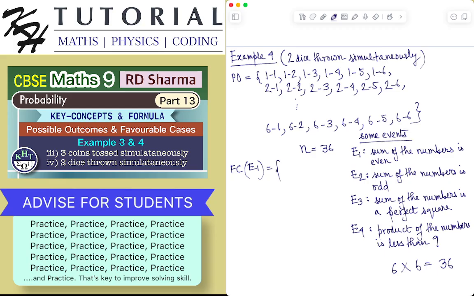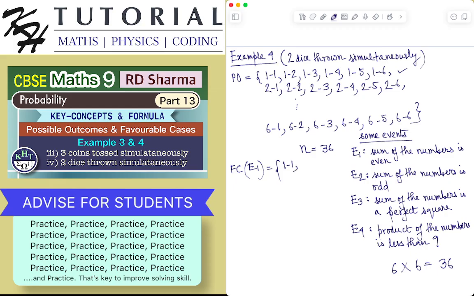If I consider the first row, I can consider 1-1, where the sum of the numbers is even.